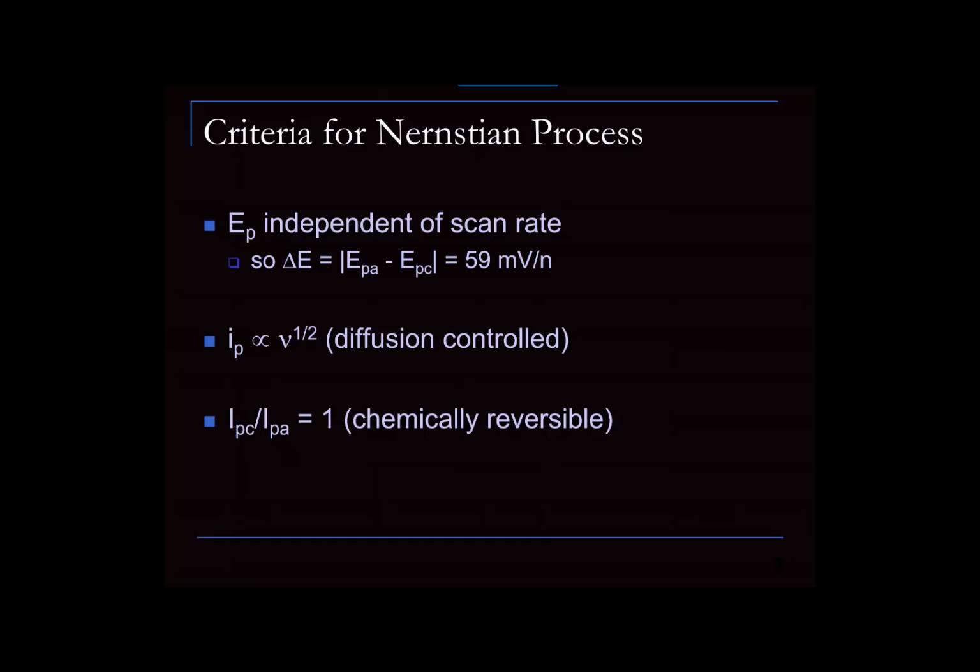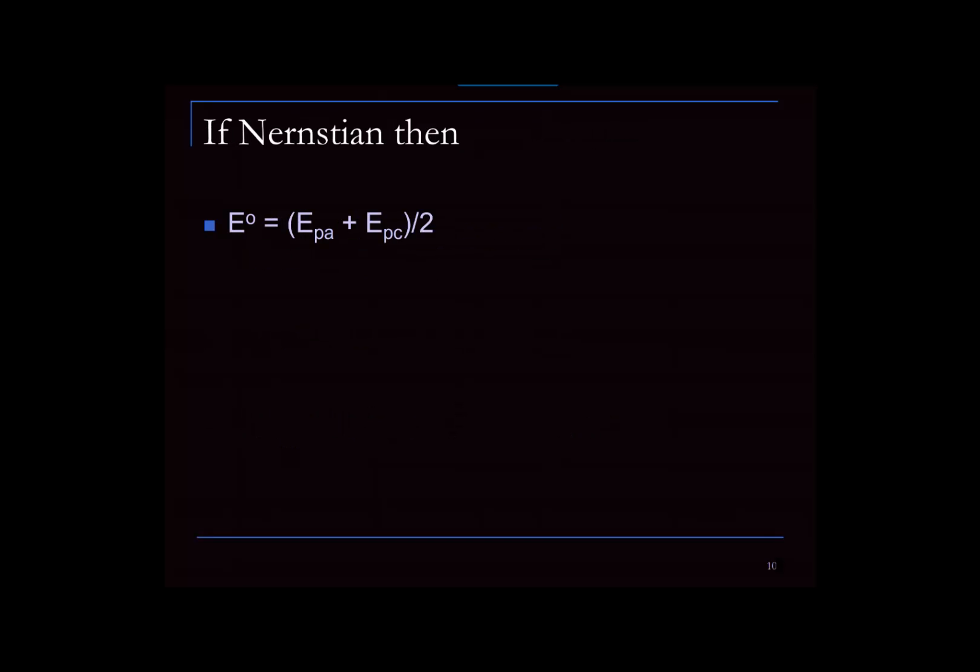So if those criteria are met, then you have permission to add together the two peak potentials divided by 2, and that is your redox potential. Very exciting. This is one of the key strengths of cyclic voltammetry, that under certain experimental conditions, depending on your system, you can extract redox potentials for your analytes.